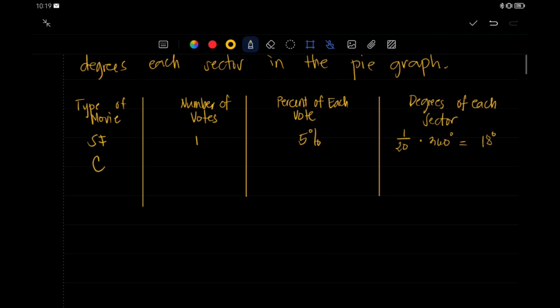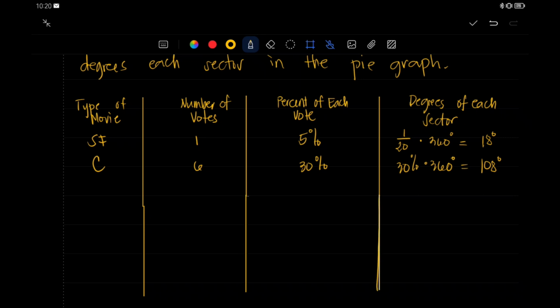In comedy, we have 6, that is 30%. 30% times 360 degrees is equal to 108 degrees. Now let's continue. We have here action.